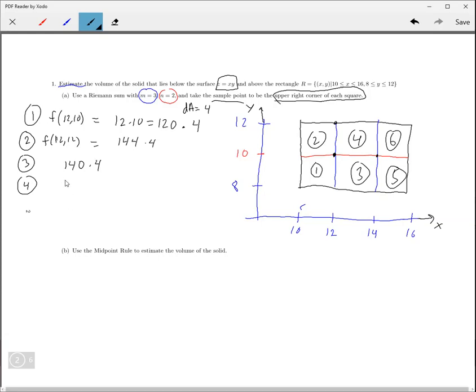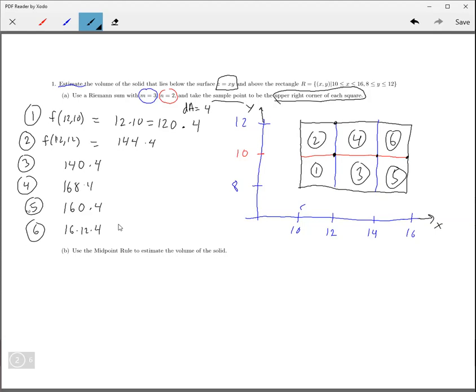Okay, good. So that's going to be 168 times 4. And then the fifth one, 16, 10. So 160. And then 16 times 12. That's 192. Okay, good. Times 4.